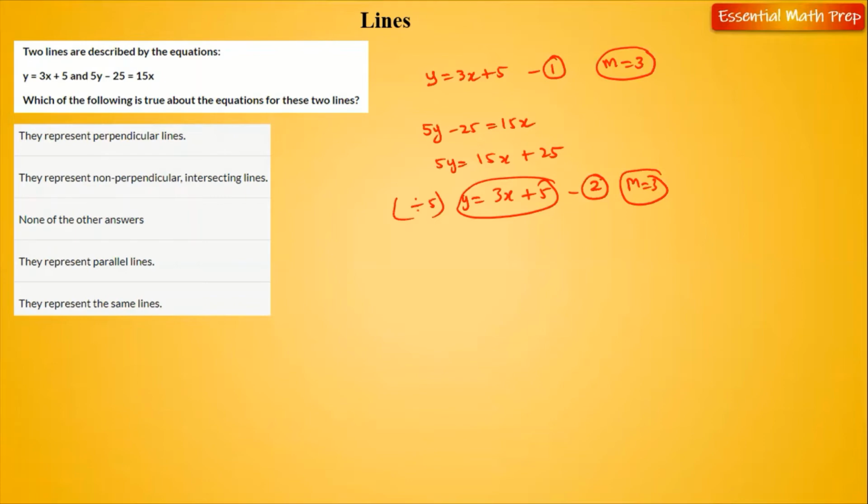That means identical, an alternate way to say it is same. So these two equations represent the same line. So same lines means same slope, same intercept. Parallel means only the slopes are equal. Perpendicular means the slopes are negative reciprocals of each other.